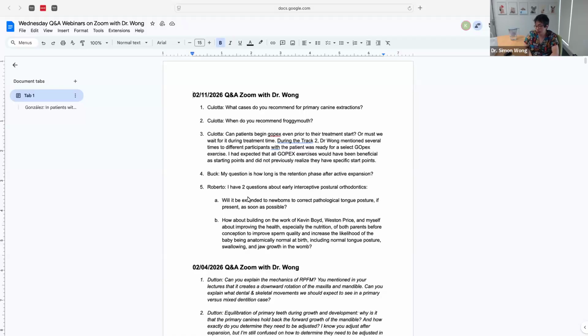In postural orthodontics, we also do the same. We develop the arch form in the lower, we develop arch form and suturally in the maxilla.